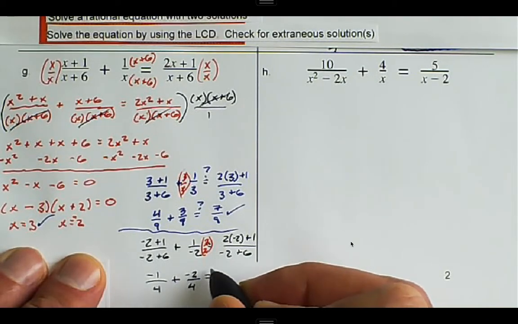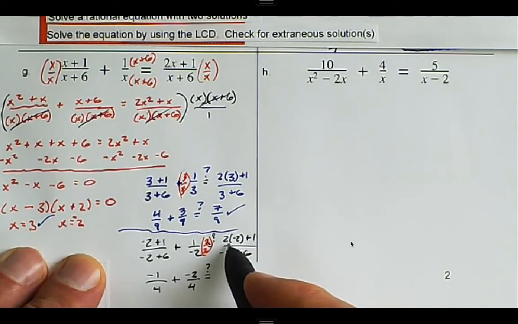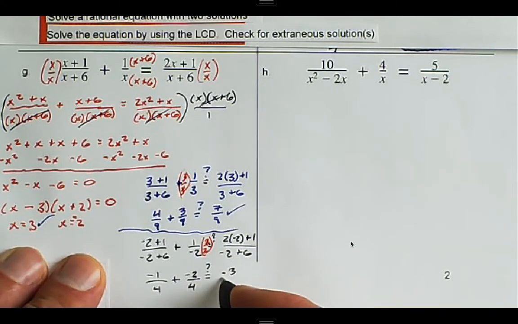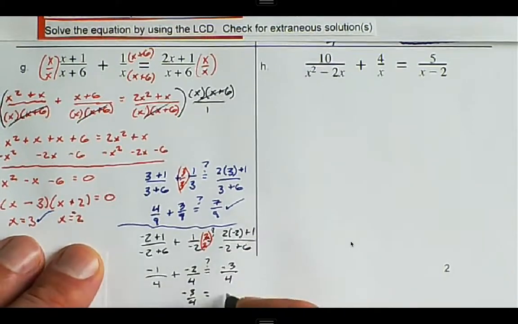And that is going to be equal to, and we're checking this one, negative 4 plus 1 is negative 3 over 4. And negative 1 plus a negative 2 is negative 3 over 4. So then we get negative 3 over 4 is equal to negative 3 over 4. So both of those are solutions.